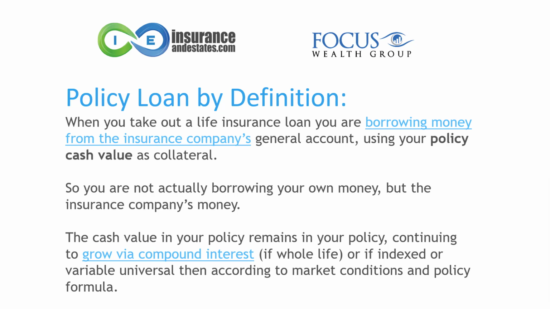That's the idea behind it, but there are some major differences in terms of the ease of borrowing against your policy versus real estate, and also the exciting part of keeping your money working for you inside of your policy, which is this little part of the definition here about how your policy continues to grow with compound interest, true compounding. Particularly if you have a whole life policy, you do tend to favor whole life when it comes to policy loans. And with that, I'll pass the baton to you, Barry. You probably want to interject on that topic.